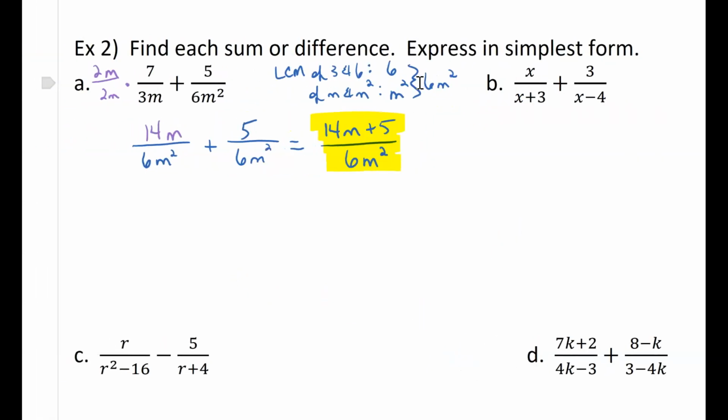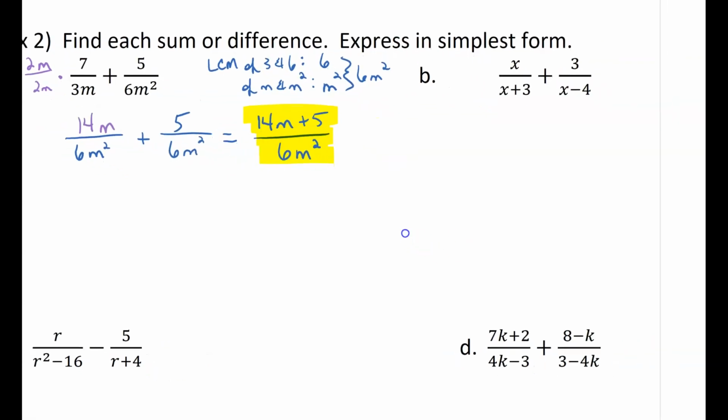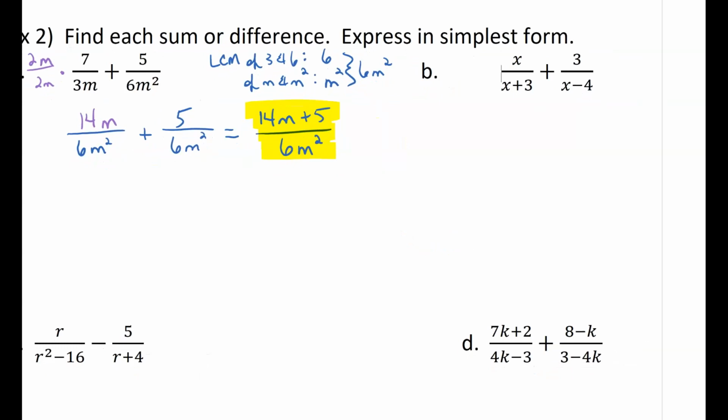All right, so our next one has a little bit more to it. So I have x over x plus 3 plus 3 over x minus 4. And so again, first thing I want to do is look at my two denominators. I have x plus 3 and x minus 4. Do either of those have anything in common?